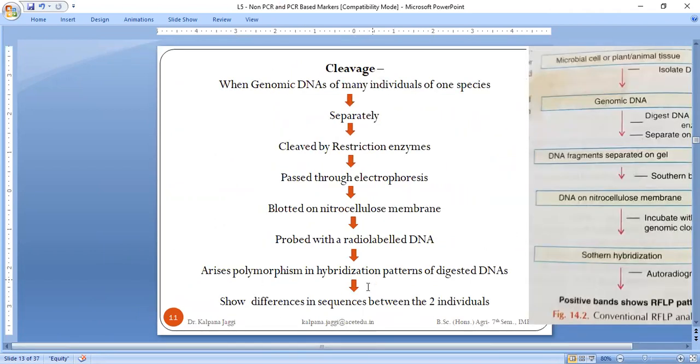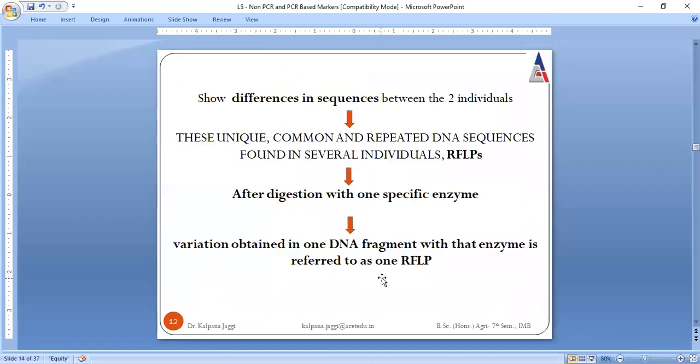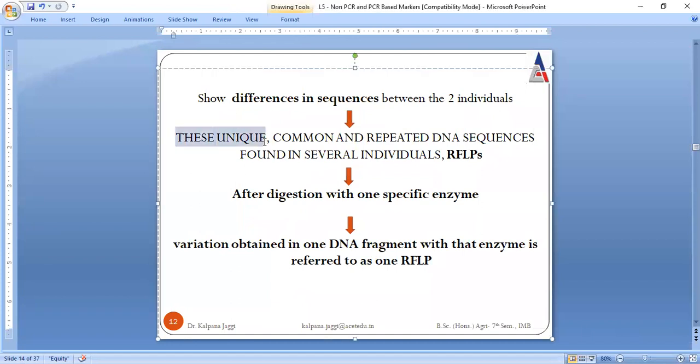These variations, that means the differences in the sequence between two individuals, are very important. These differences are unique, common, and repeated DNA sequences which are found in several individuals. These are said to be restriction fragment length polymorphism.